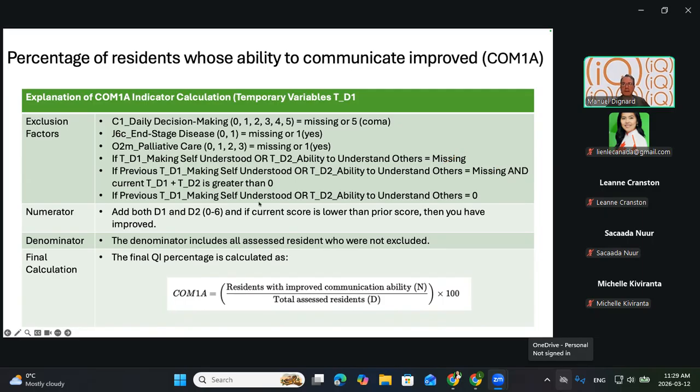That being said, this last exclusion factor here, if your previous communication score, right, was a 0, then you can't get better.